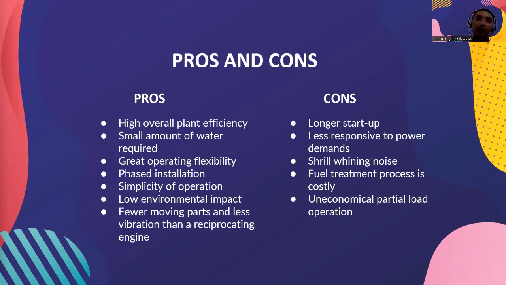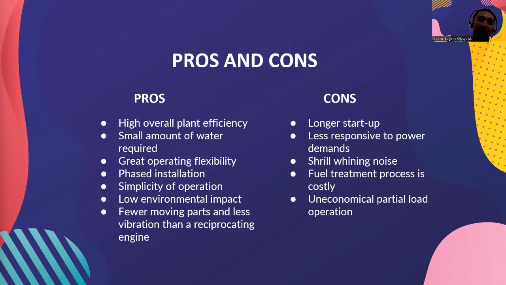And the fifth pros is simplicity of operation because the combined cycle power plants are generally operated fully automatically, and they are especially suitable for use where operating staff is less experienced.